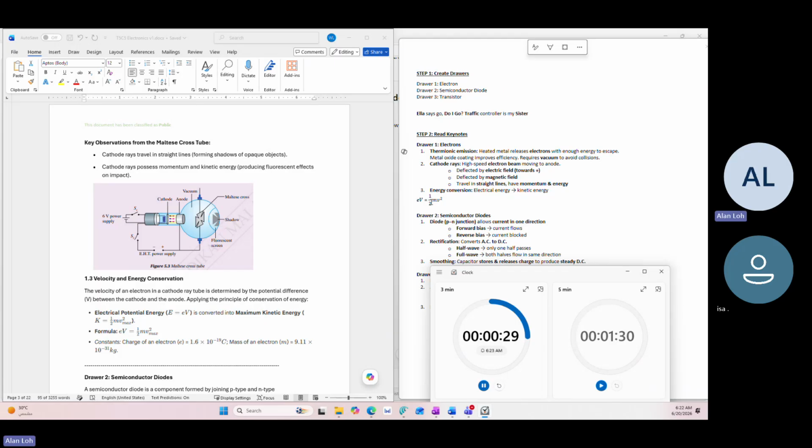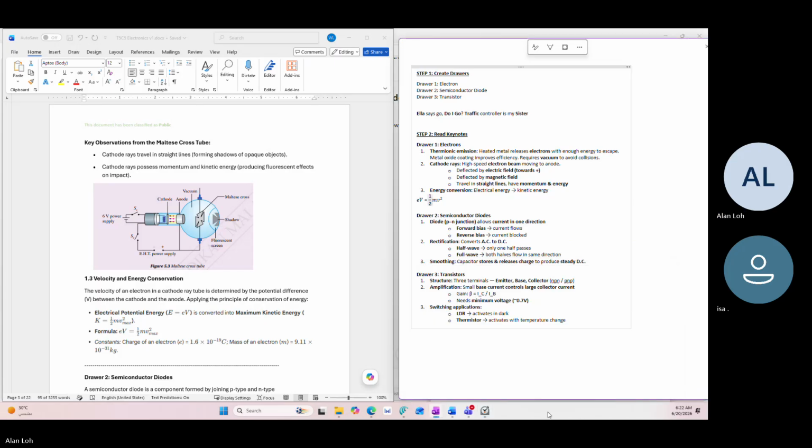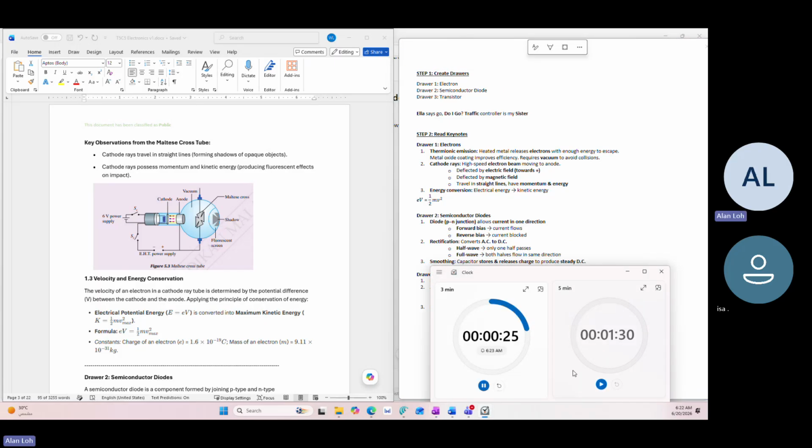Of course, you can also see it over here on step 2. All right.